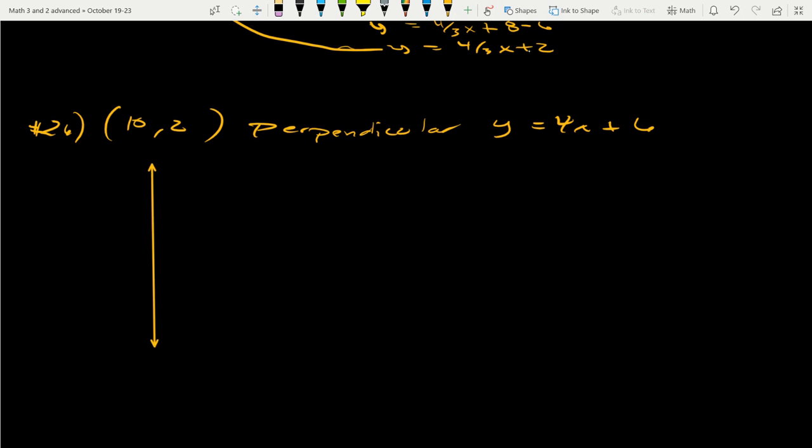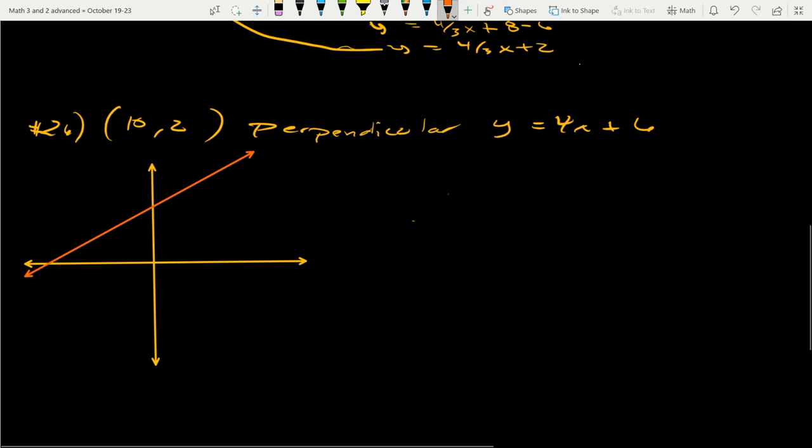And we've got a graph that looks like this. And then we also have, let me change colors here real quick. Let's do orange this time. We have an equation, y equals 4x plus 6. It looks like this somewhat in there somewhere.